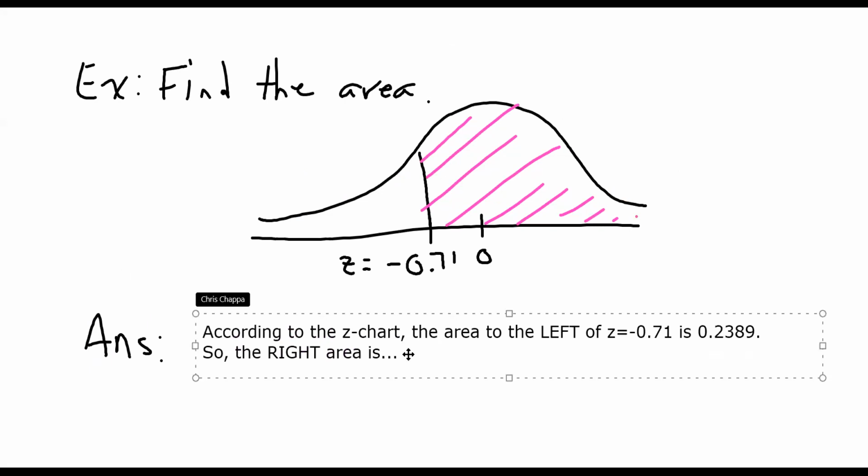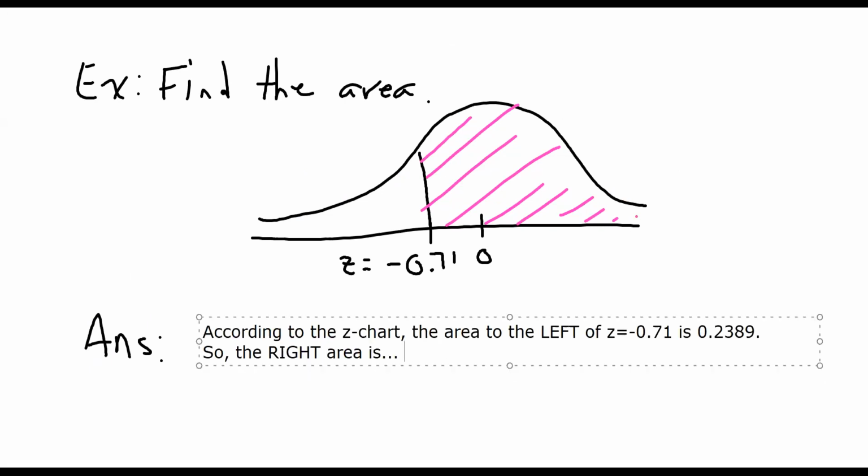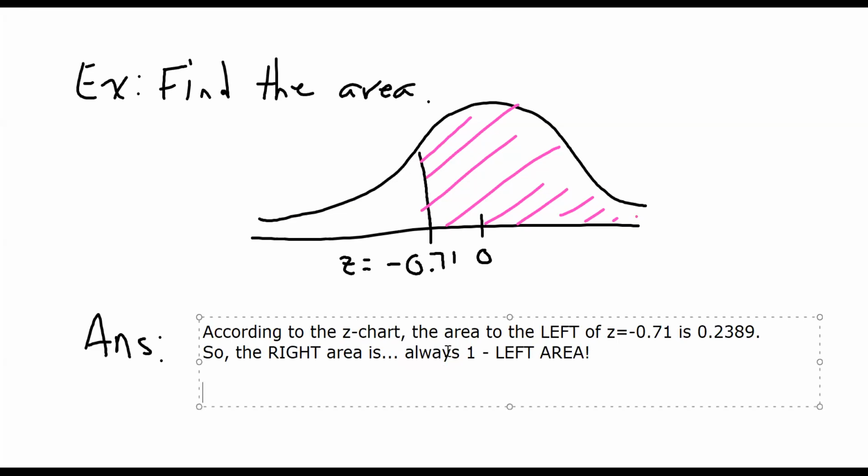Answer: this right area is always 1 minus the left area. Thus, the area to the right of z equals negative 0.71 is 1 minus 0.2389, which equals 0.7611.